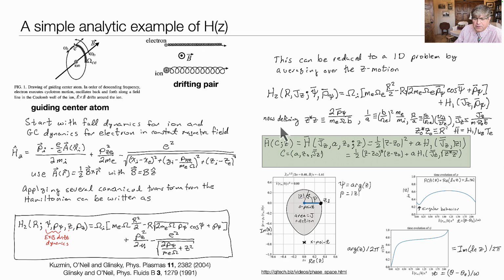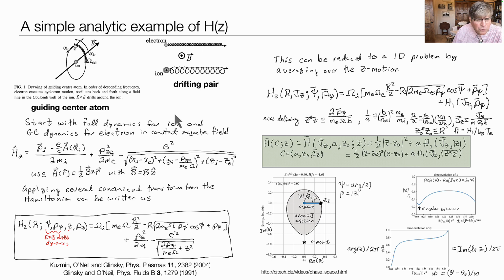Well, this can now be expressed in terms of a complex variable, P plus iQ, so that we now have this complex Hamiltonian shown here on the right-hand side.